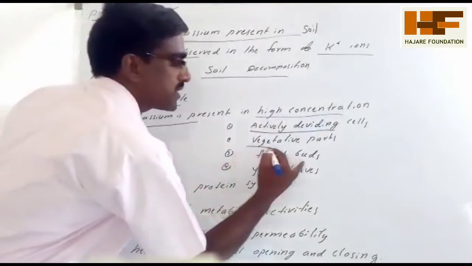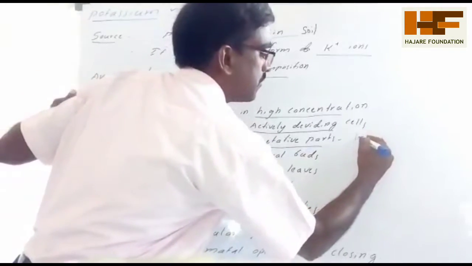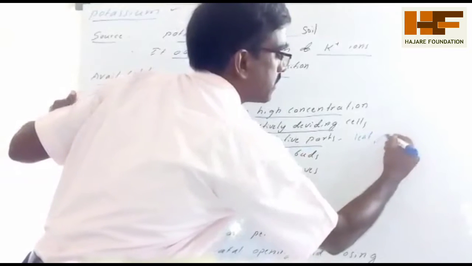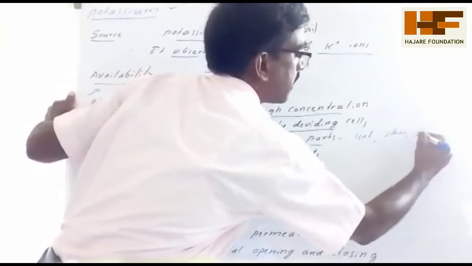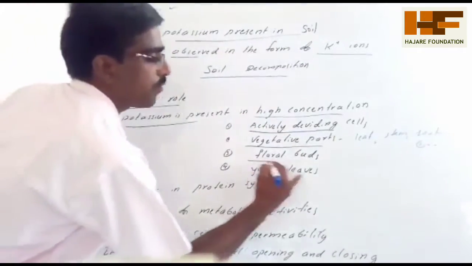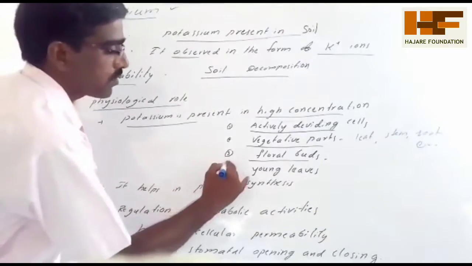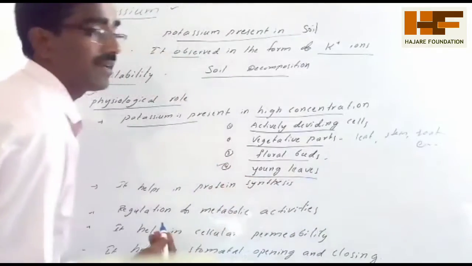Potassium is also present in vegetative parts. What is the meaning of vegetative parts? Like leaf, stem, root and so on. It is also present in floral buds, parts of the flower, and at high concentration in young leaves.